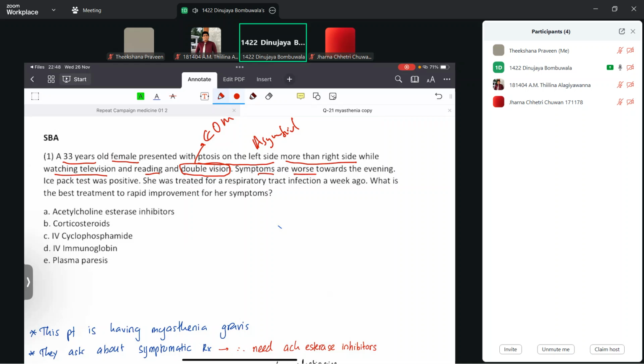Symptoms worse towards evening, which shows us there is fatigability. Eye spec test was positive. Treated for respiratory tract infection a week ago. Best treatment for rapid improvement of a symptom.